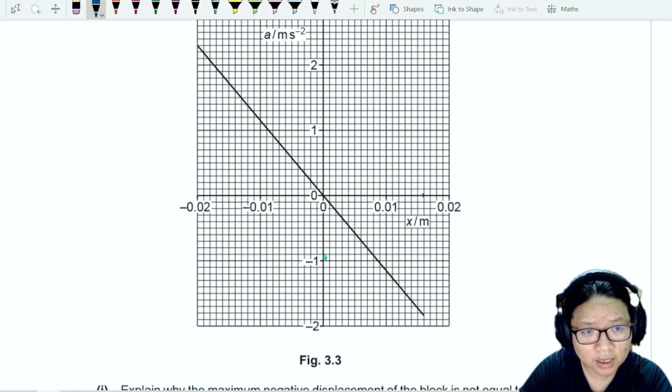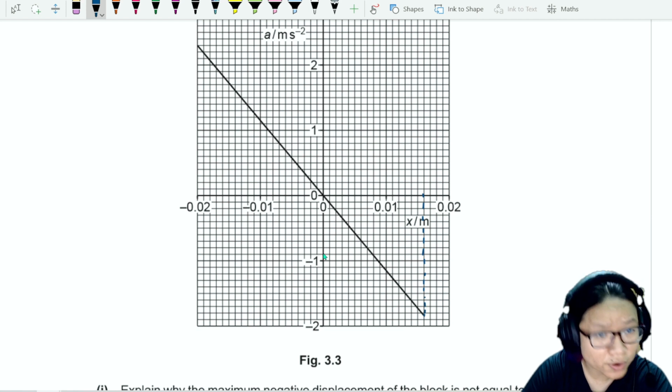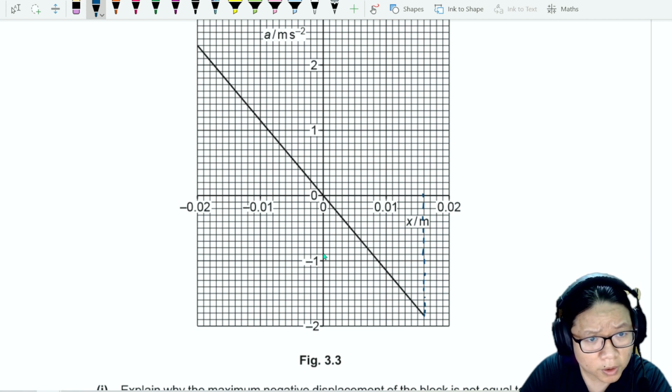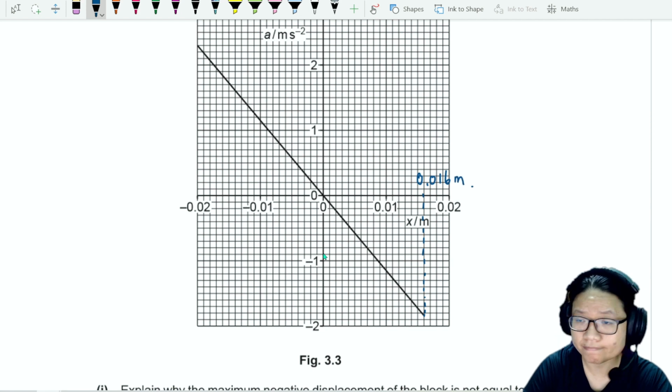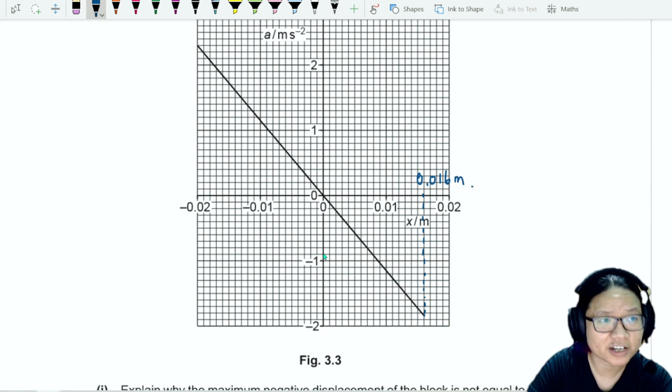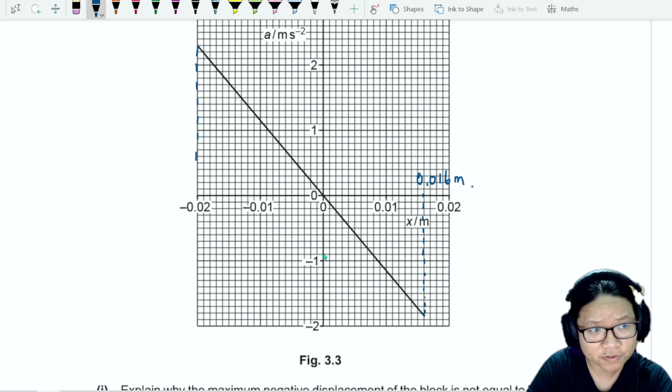The line kind of stops at this point here. I'm just going to carve out this point. And this point here looks like 0.016 meter.